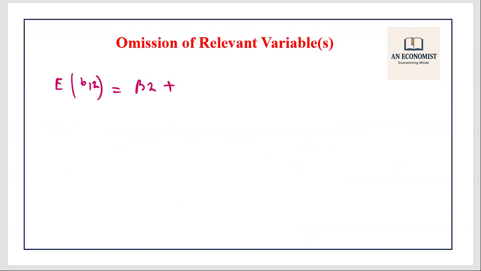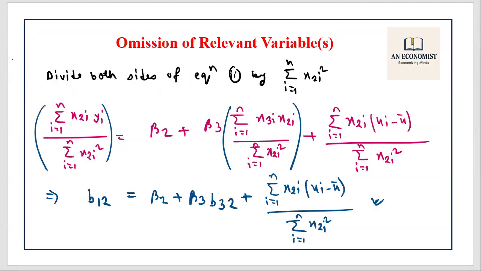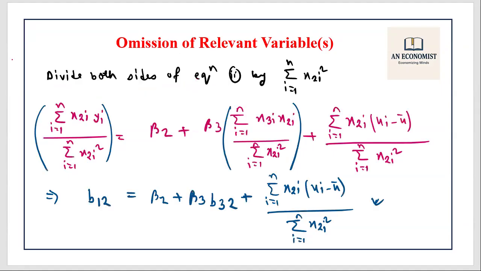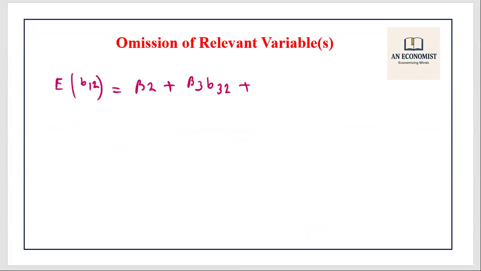That is what we are trying to prove. Now beta 3, and here you have B32, plus. Now for the next term, you have to put the expectation on the ui terms only. So expectation of (ui minus u bar) over summation x2i square, right?